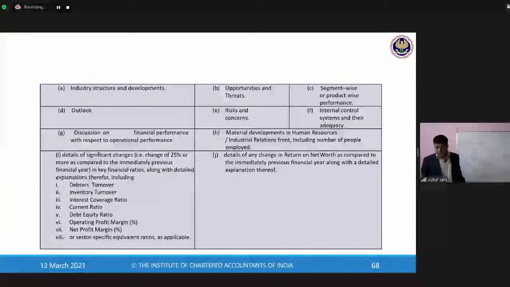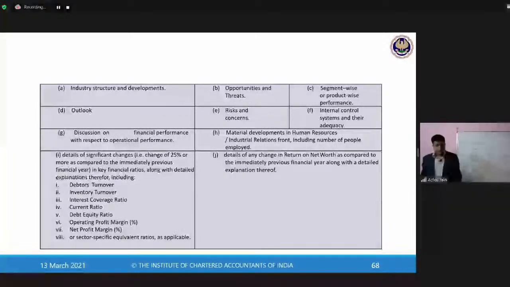All of these ratios, if those have been changing significantly in the current year as compared to the past years. Details of any change in the return on net worth as compared to immediately preceding financial year. So all of these aspects are required to be covered therein and discussed over there.